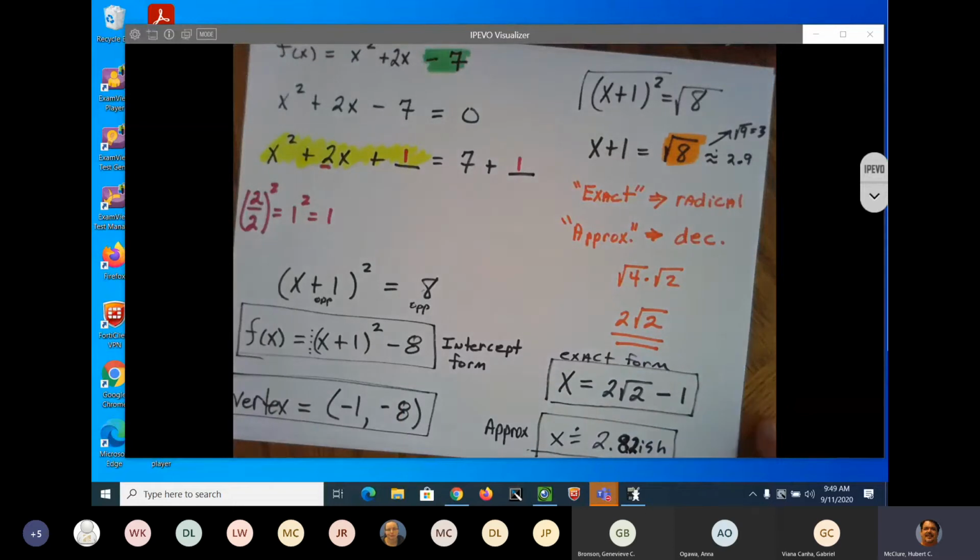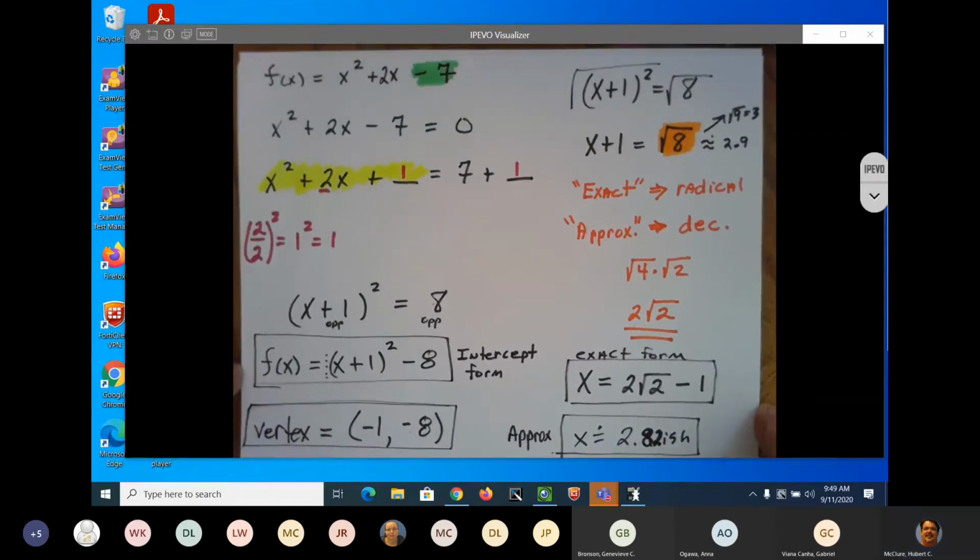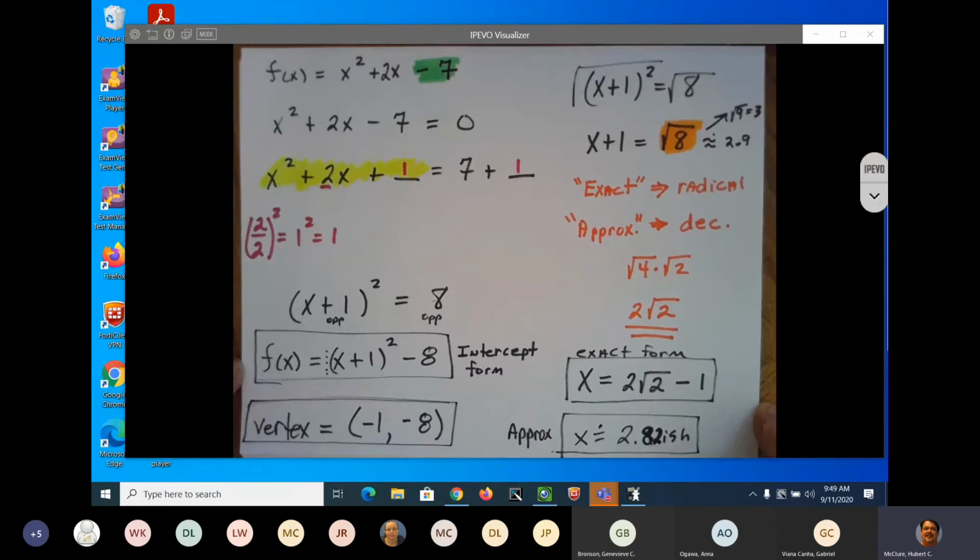So now you have everything you need to graph. I want everybody to take a minute and draw a good graph. Now you don't have to have graph paper, but at least use a straight edge. I'm going to use one.